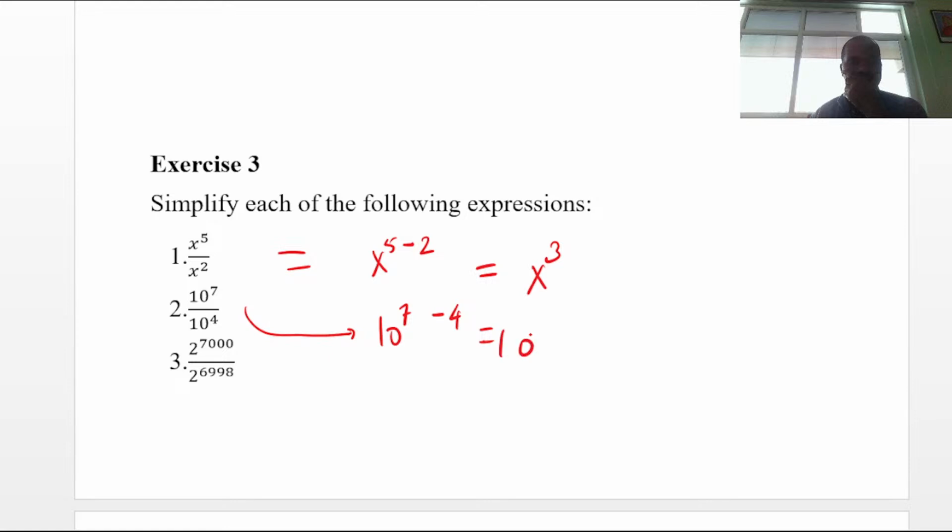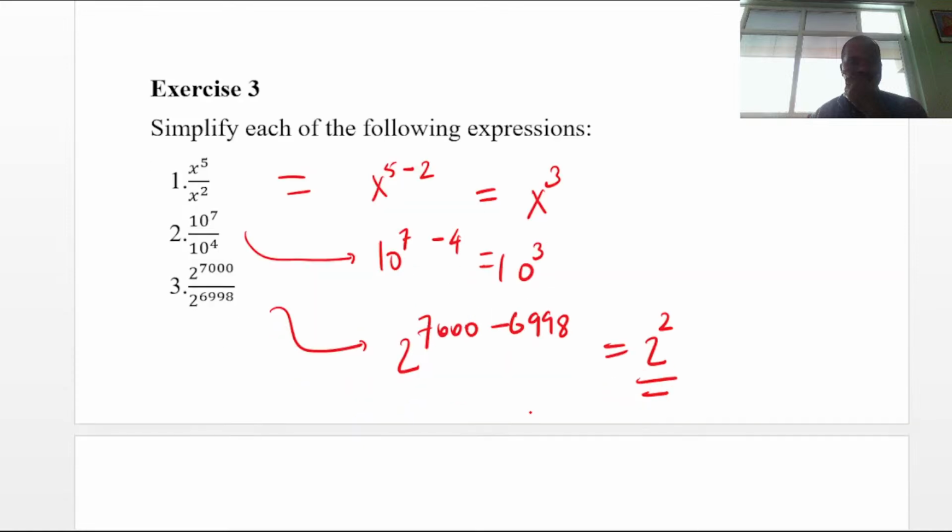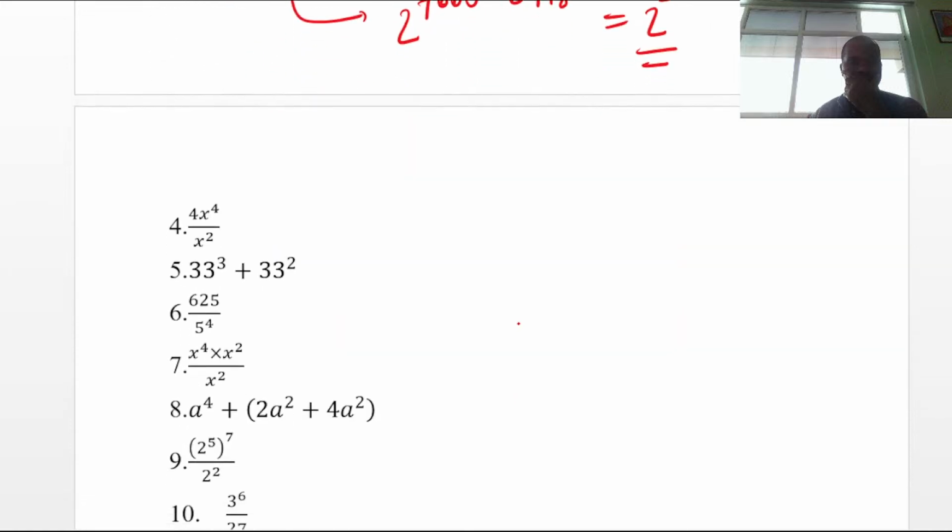We'll be having 10 power 3. Coming to this, you have 2 power 7,000 minus 6,998. Eventually we'll be having 2 power 2, which is 2 squared. So that is simplification, dear students.